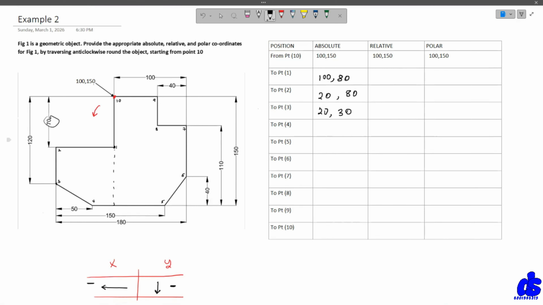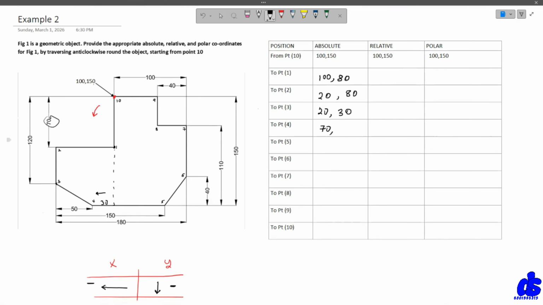But here is 50, so this distance is 30, right? So we are moving a distance to the left of 30. So that's going to be 100 minus 30. That's 70.